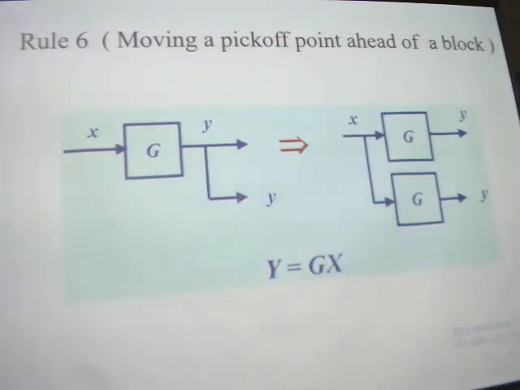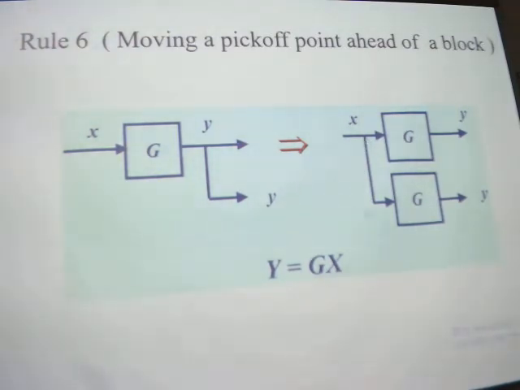The sixth rule: move a pickoff point ahead of a block. You can see here this pickoff point, and for this pickoff point, y equal to y is unchanged. If we move this pickoff point ahead of the block, then at this point the value is x.